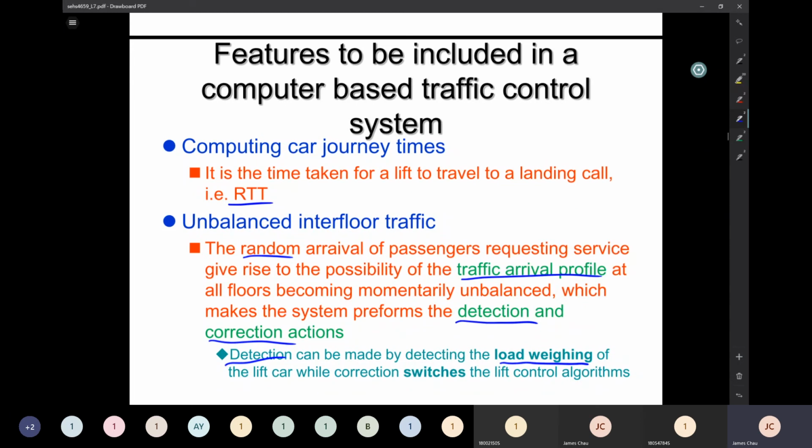On the other hand, if the load rating sensor gives a very small value, that means it is not in heavy traffic. The correction action means that if the lift system senses heavy lift traffic, it will switch to another lift control algorithm in order to serve the passengers better. Therefore, the correction means we are going to switch the lift control algorithm.